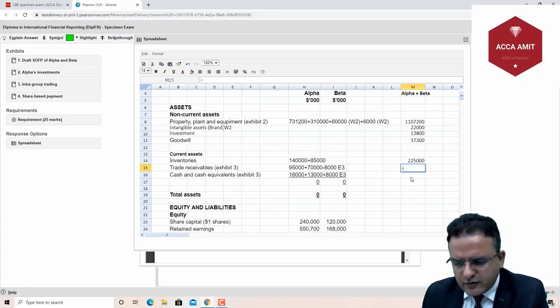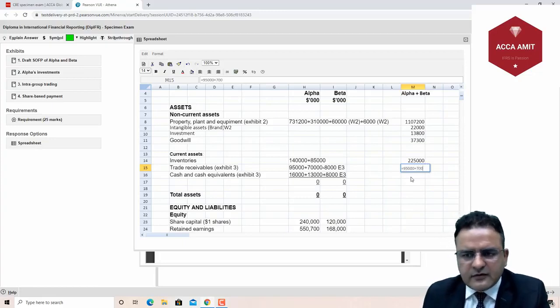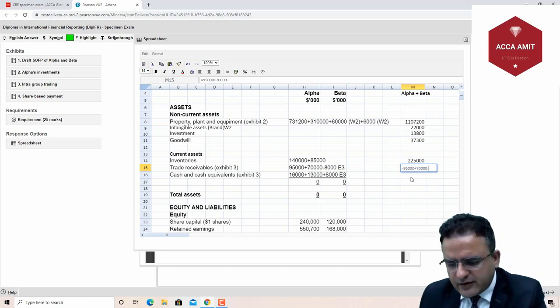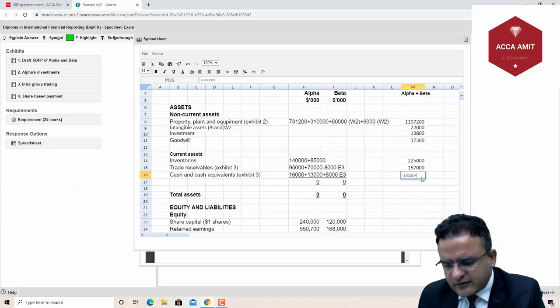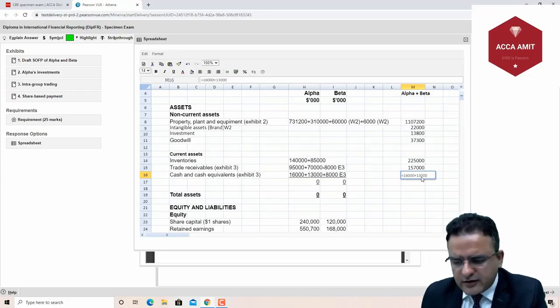Trade receivables are equivalent to 95,000 plus 70,000 minus 8,000. Cash and cash equivalent is equivalent to 16,000 plus 13,000 plus 8,000.